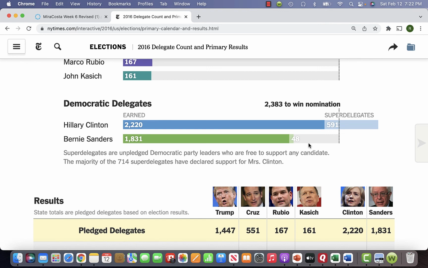I just wanted to make sure that this is easy to understand and familiar, as some of us might have heard about this earlier. But like I said, when they say that party elites can't control who the nominee is, I'm going to disagree, because if we put these 591 toward Bernie Sanders, he would have won the nomination.